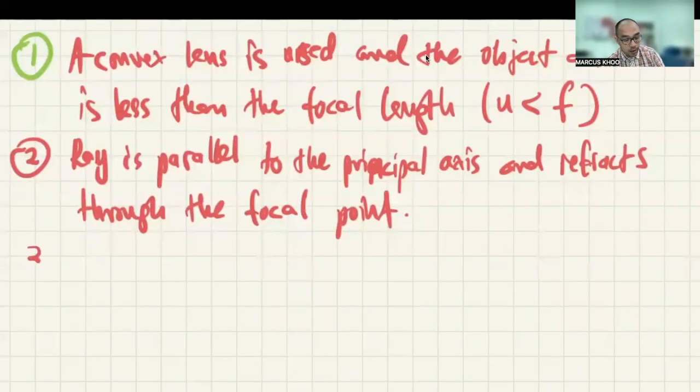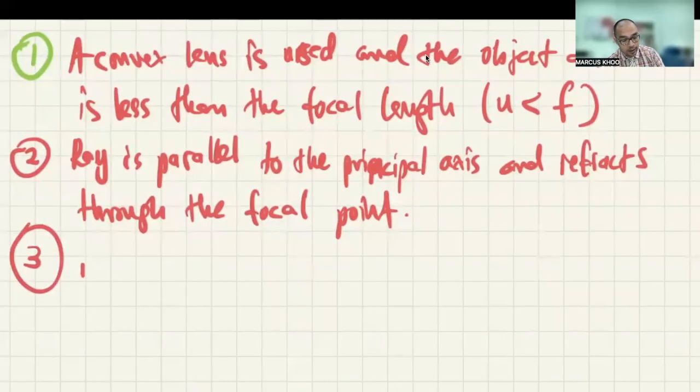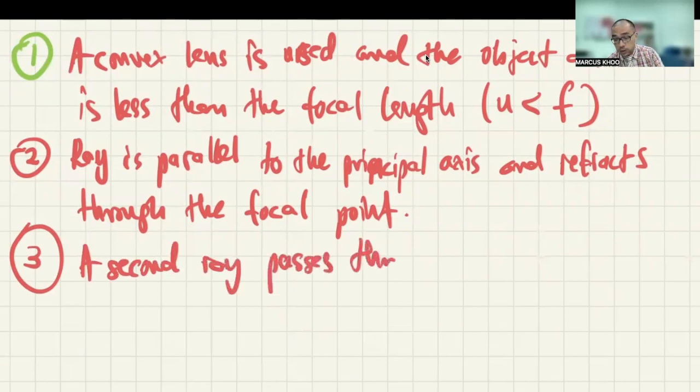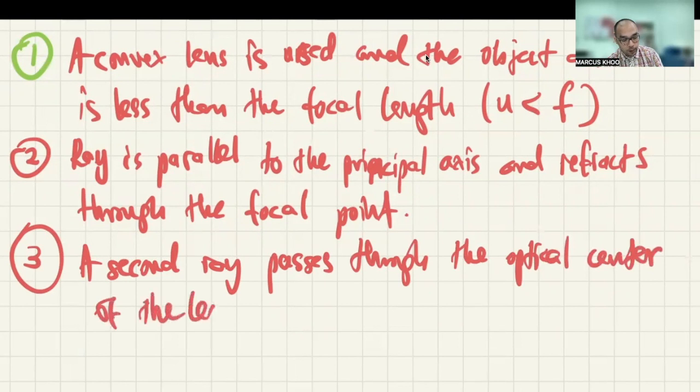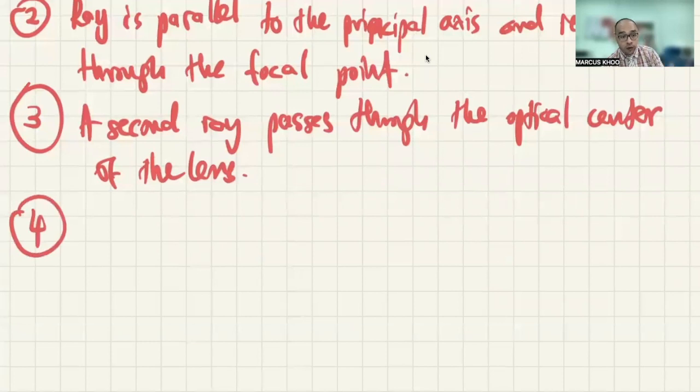And then the second one is the one that goes through the optical center. A second ray passes through the optical center of the lens. And then finally, the explanation is how the image is formed.